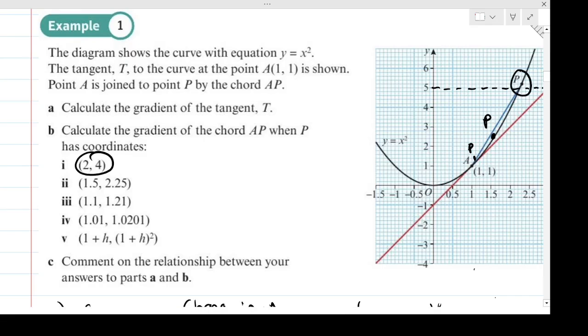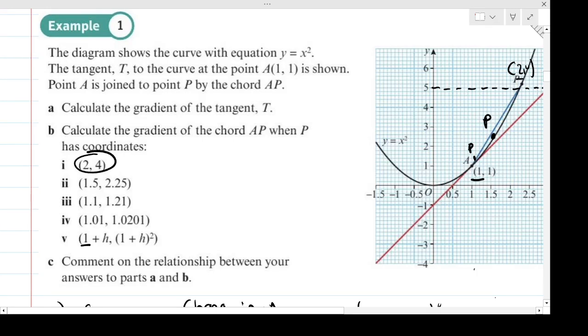If A is at (1, 1), then at A, x is 1, and at P, x is 2. So I'm going from x is 1 to x is 2, which means I need an extra 1. So when I'm adding this extra number h, A is at 1, and I'm adding some more to it to get to P.